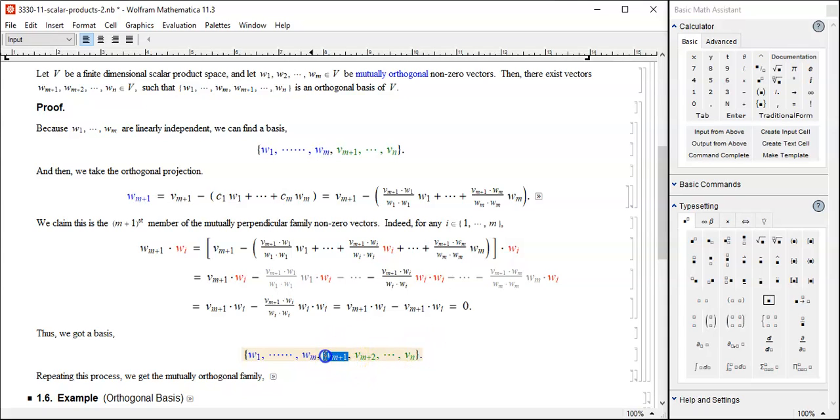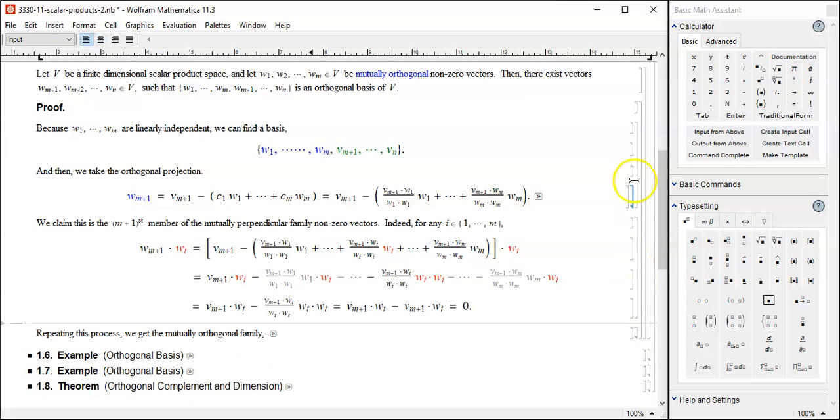So this one up to here, all mutually perpendicular, and the next one. And we can do exactly the same thing with this one, using the same argument, just adjusted indices. So repeat, repeat, repeat, and then what do we get?